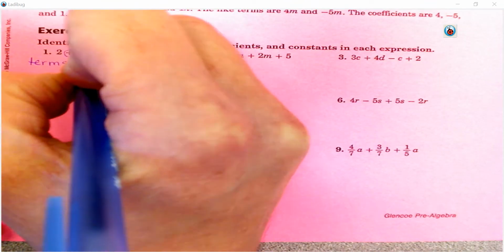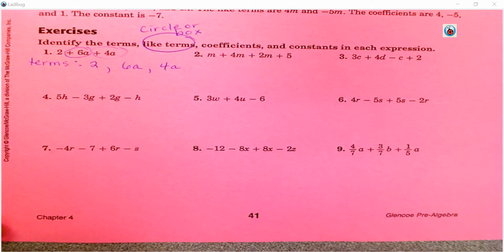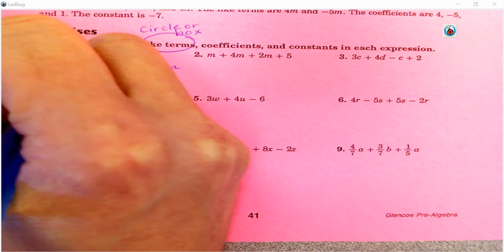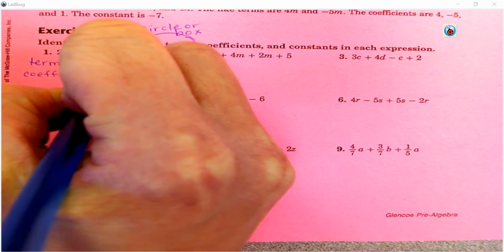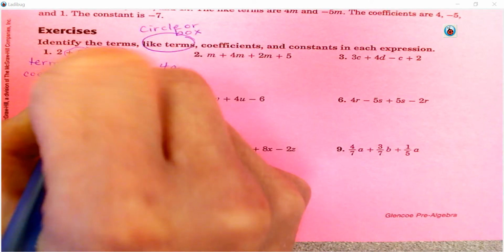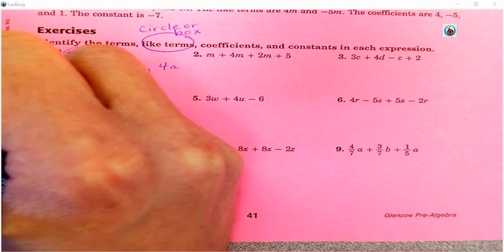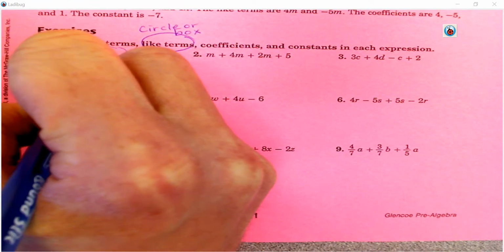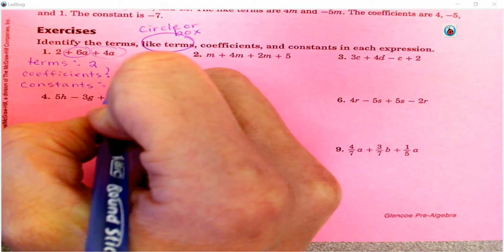So I have +6a, +4a. Those are my like terms. My coefficients: 2 is not, it doesn't have a variable. +6 is, +4 is. And then constants, 2 is the only number that doesn't have a variable, so 2 is a constant.